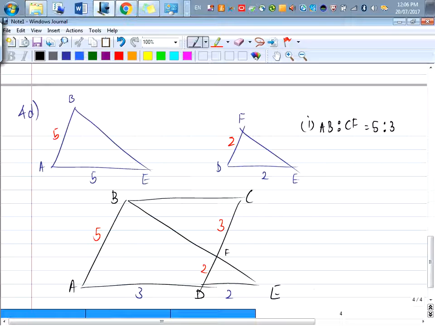Then part 2, given that the area of EDF is 9.72 square centimeters, find the total area of shape ABCFE, the entire thing. We do know that this small triangle and BCF are similar triangles. Their ratio of the sides will be 2 is to 3. So the ratio of their areas will be 4 is to 9.